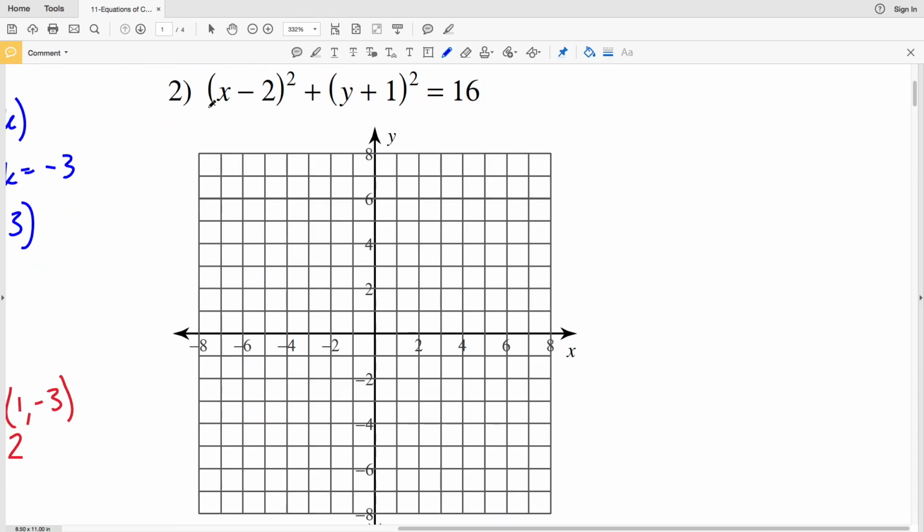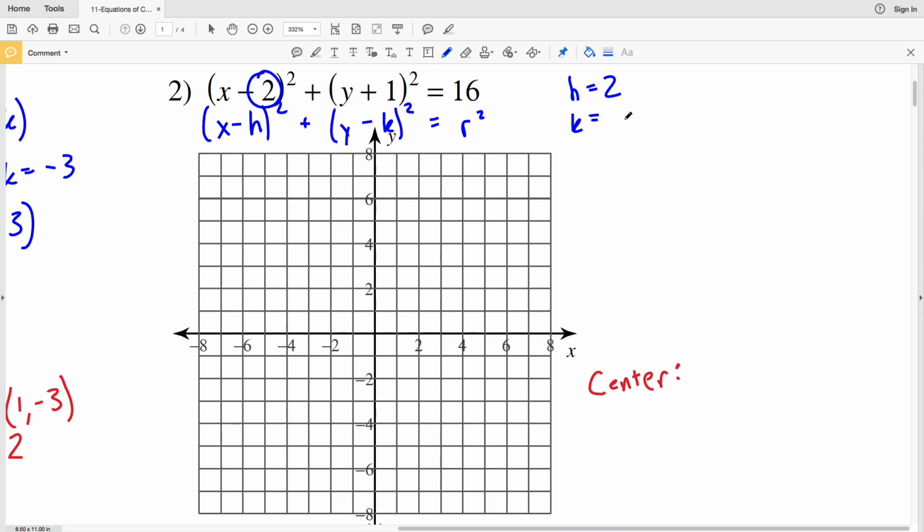Remembering our formula, (x - h)² + (y - k)² = r². Our center is h, k, and we can see that h is going to be 2, and k is going to be negative 1, because y minus a negative 1 is the same as y plus 1.